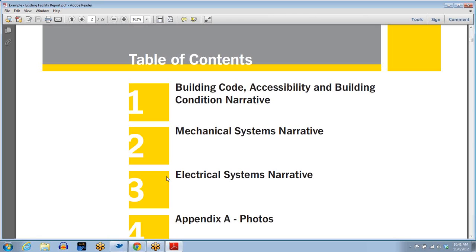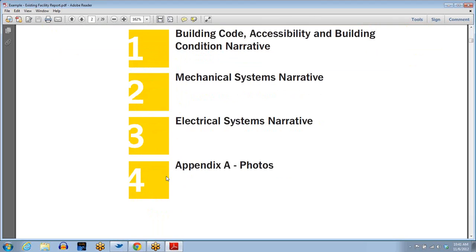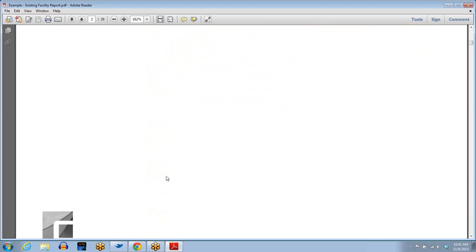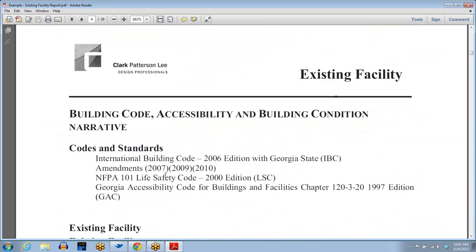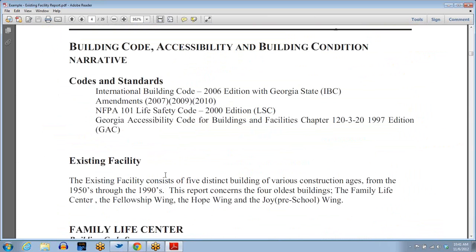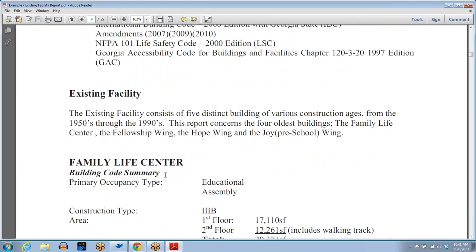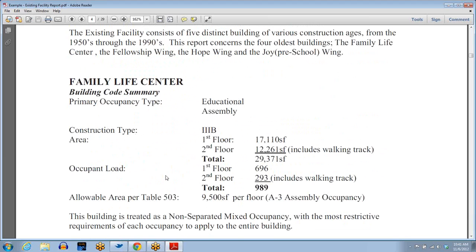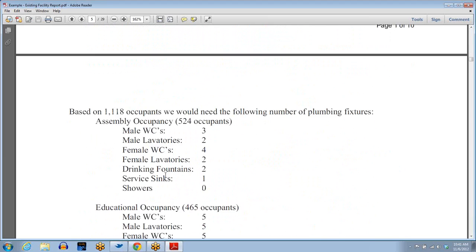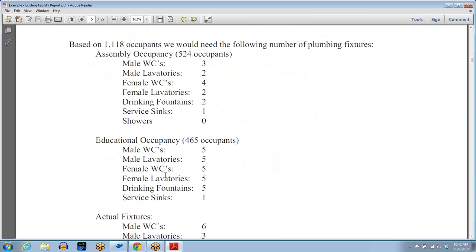And so as you go through this, they've given you in this report dealing with your codes, accessibility, and some kind of narrative about the condition of your building, mechanical systems, electrical systems, and then appendices A, and on it goes. And so as you flip through this, you're going to find some idea of what an industry professional might talk to you about, might deal with, and the history of it, and the size of it, and the layout of it, and the floor plans, and the different components of it.